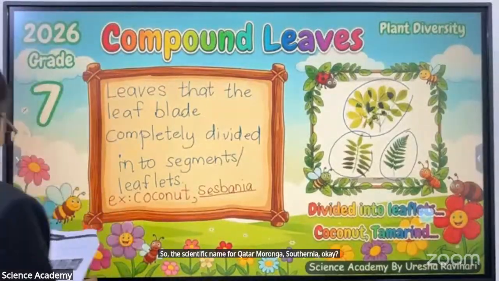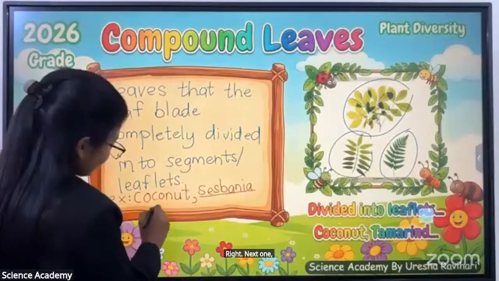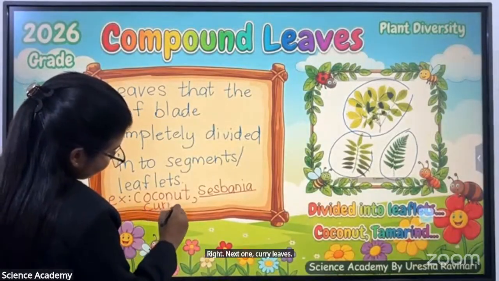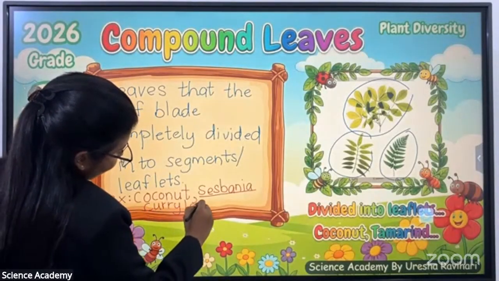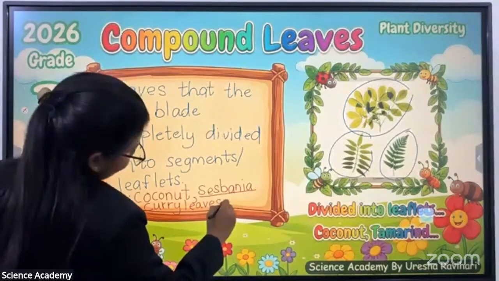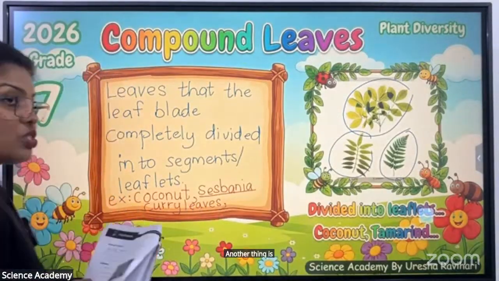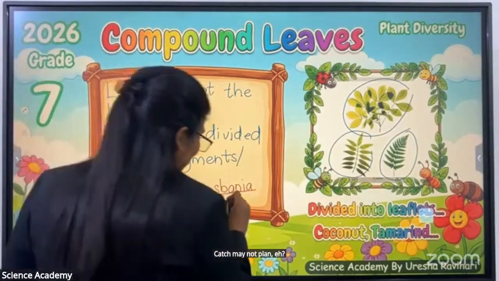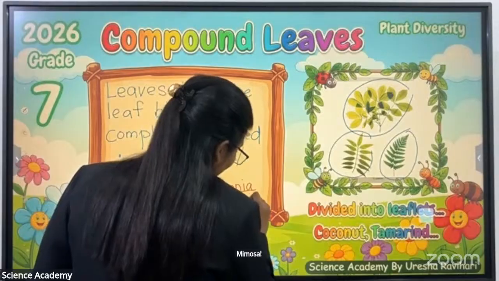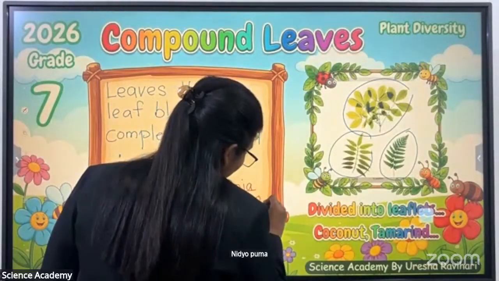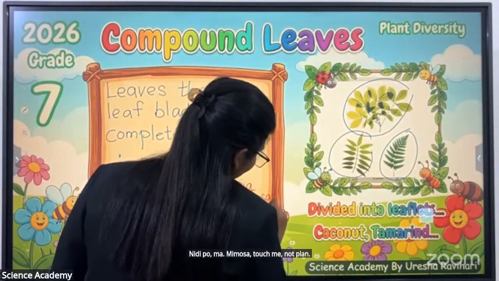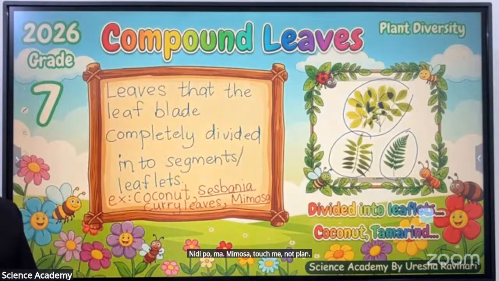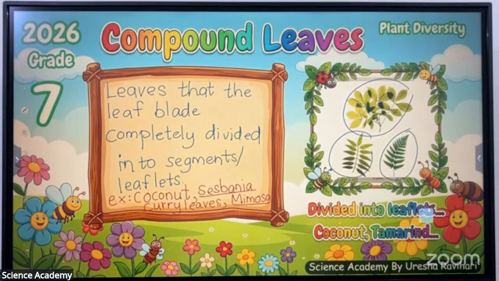Okay, right. Next one, curry leaves. Other thing is mimosa. Mimosa means touch-me-not plant. Mimosa, nidikumba, touch-me-not plant. Done, teacher. Okay.